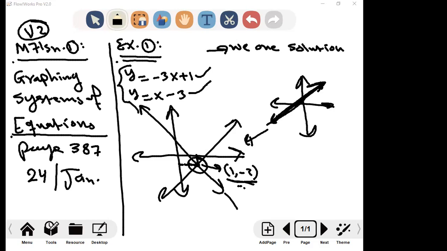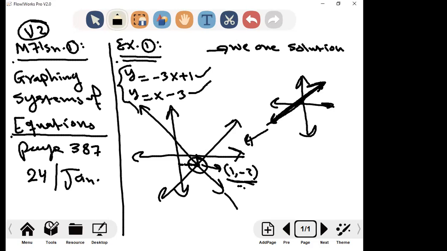But if a consistent system of equations has an infinite number of solutions, we call it dependent. So independent if we have one solution, dependent if it has infinitely many solutions, like if the two lines are over each other.